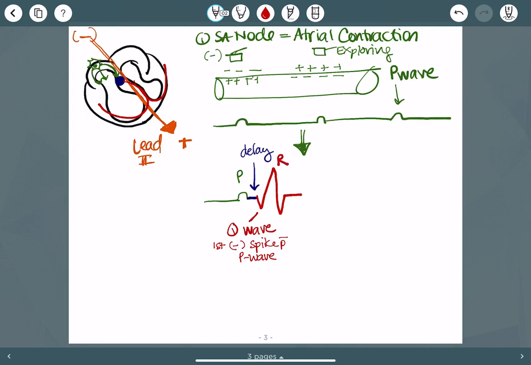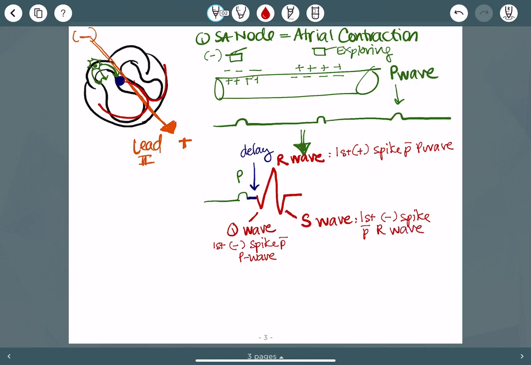The R is up here at top, the R wave. The R wave is the first positive spike after the P wave. And then the very last one is this guy down here, and this is the S wave, which is the first negative spike after the R wave.